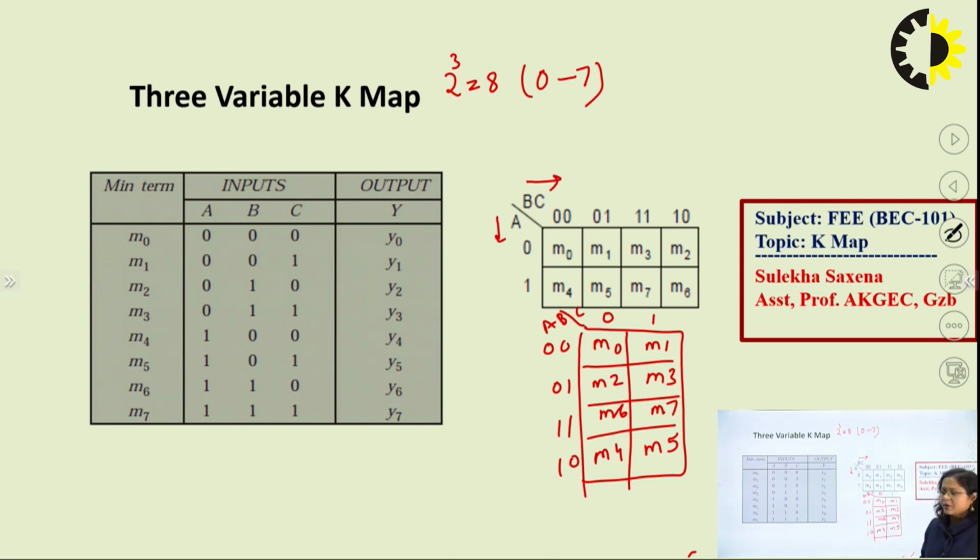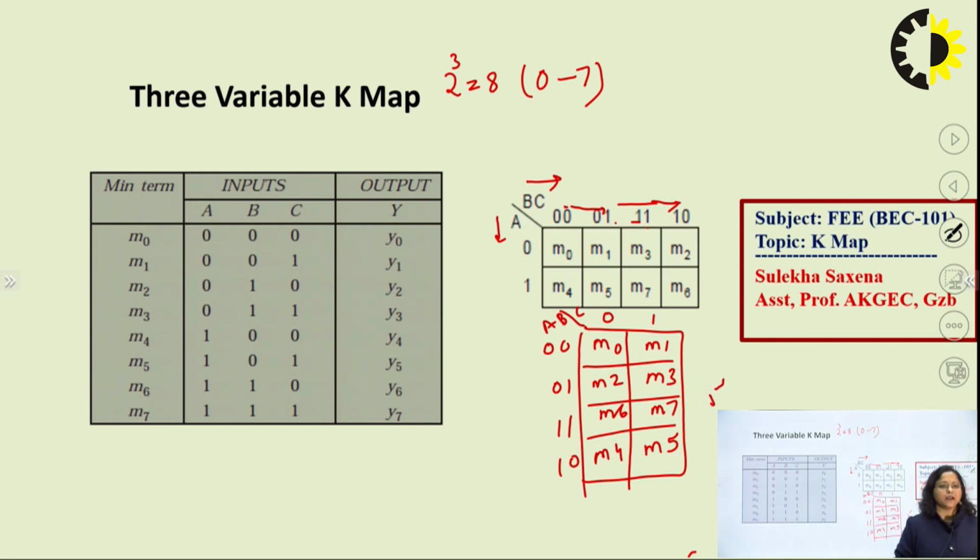One thing here important is that the order is in the gray code fashion, not in normal binary. That is first 0, then 1, then 3, then 2, because we want only one variable change in each consecutive expression. From 0 0 to 0 1 only one variable change, then from 0 1 to 1 1 only one variable change, from 0 to 1, and then 1 1 to 1 0 only one variable change.